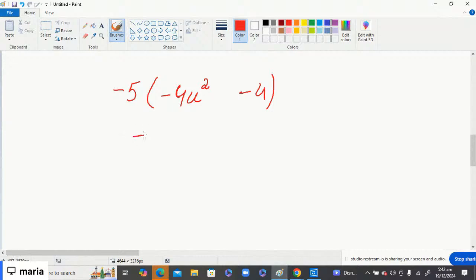So minus minus becomes plus. 5 times 4 is 20, and that is u square as it is. Again minus minus becomes plus. 5 times 4 is 20. So you are writing it this way, 20u square plus 20.